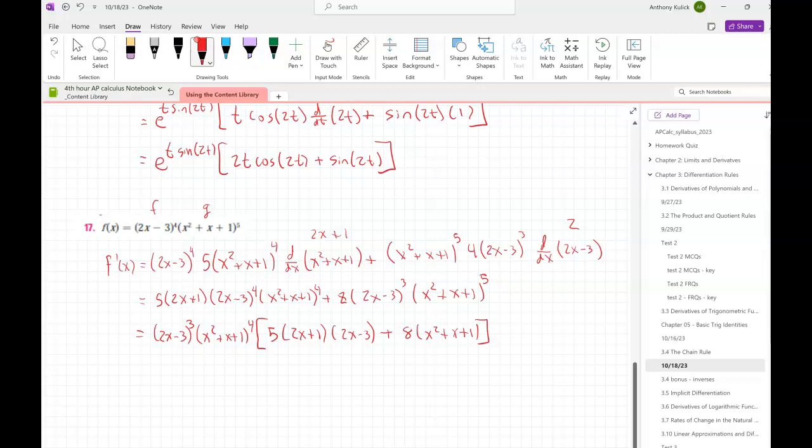So FOIL that out, I'm going to have 4x squared times 5 is 20. And then I'll have a negative 6x plus a 2x, that's a negative 4x, times 5 is negative 20x. And then a negative 3 times 5 is negative 15. Distribute that stuff through.